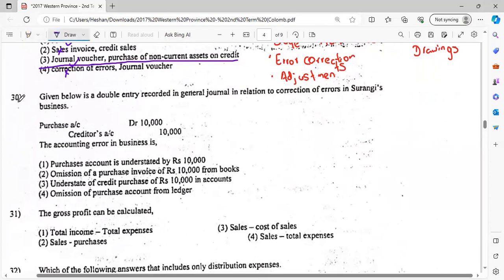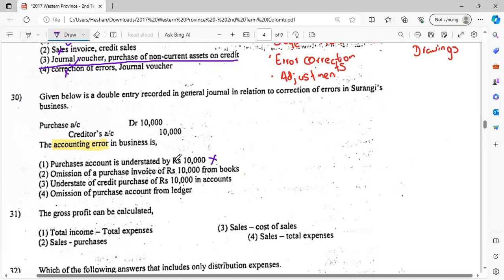Here we need to identify the error. Purchase account is understated by 10,000. If the purchase account is understated by 10,000, it won't affect the debtors or creditors account; it only affects the purchase account. So we need to ignore it. Understated is correct, but here the correction entry includes the creditors account as well. So we should ignore the first one.